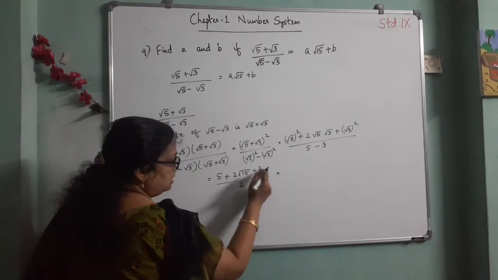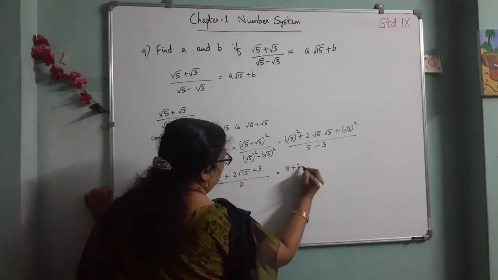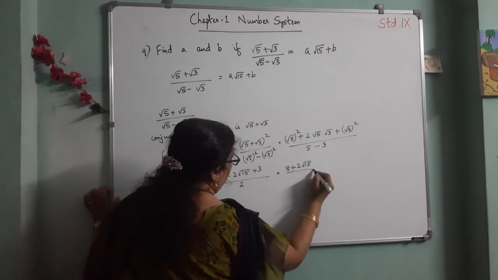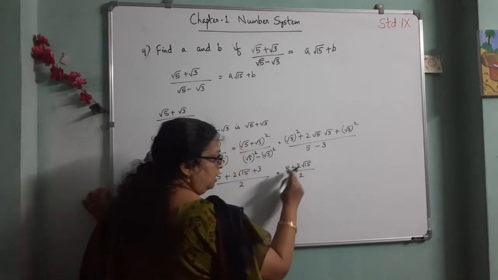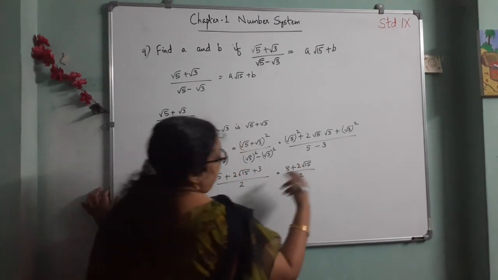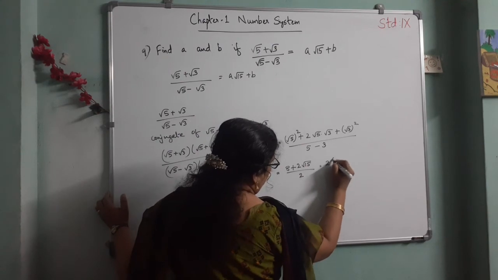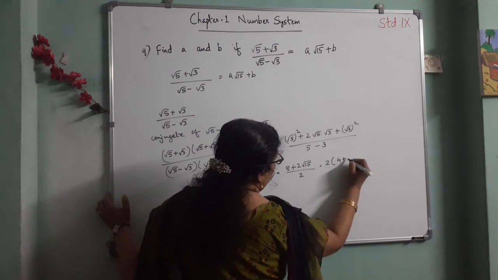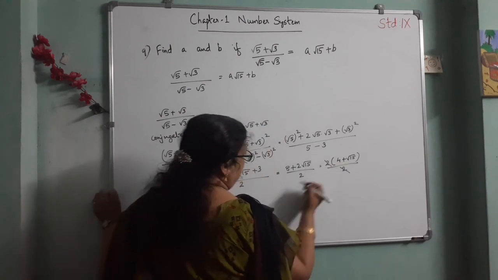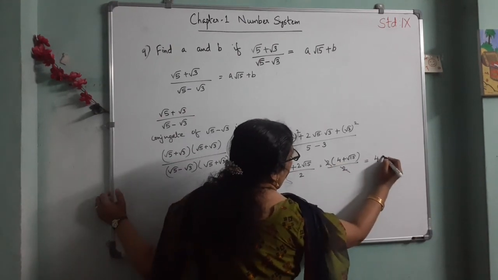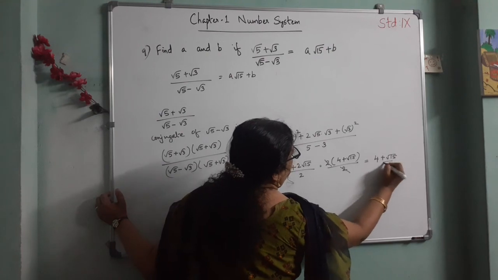So here 5 plus 3 is 8, 8 plus 2 root 15 divided by 2. Here in the numerator 2 we can take outside, common factor, 2 into 4 plus root 15 divided by 2. This 2 cancels, which is equal to 4 plus root 15.